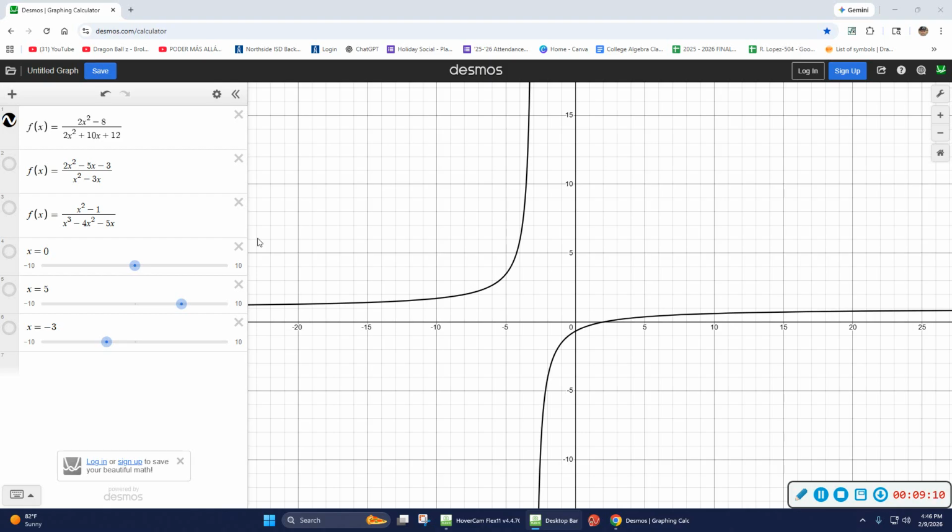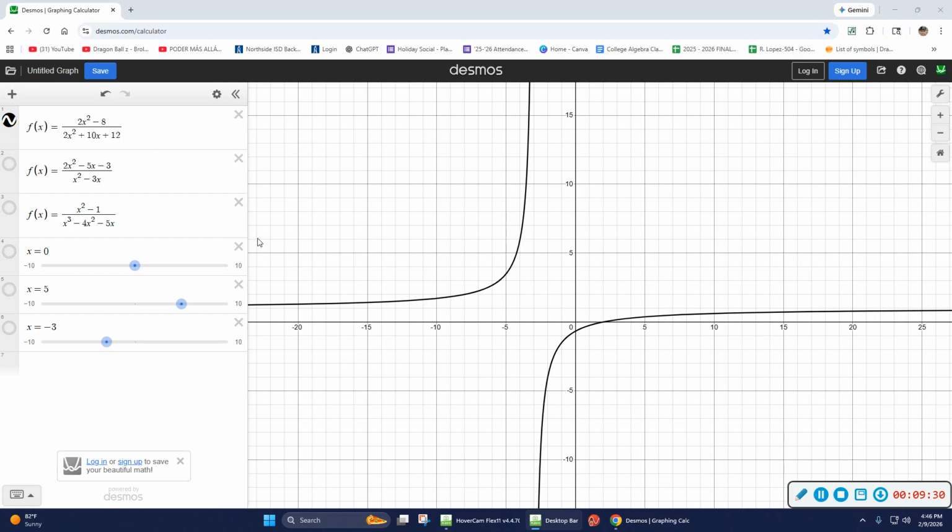We removed it from the problem. Anything that we remove will create a hole, right? We're literally removing a particular point on the equation that does not exist anymore.